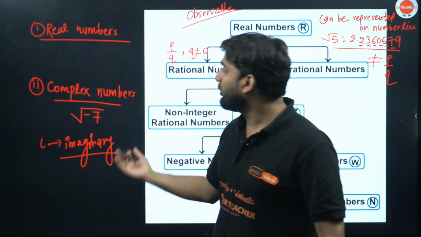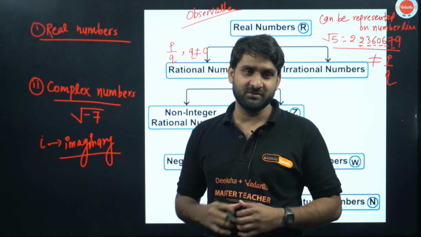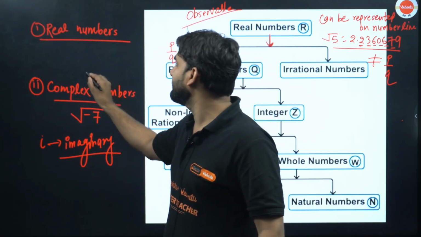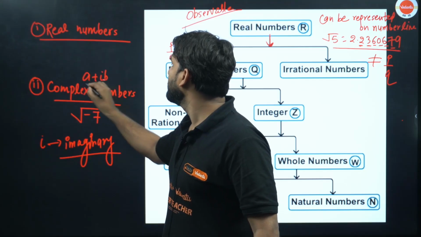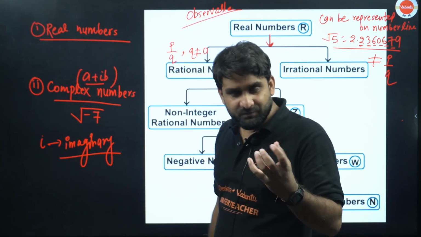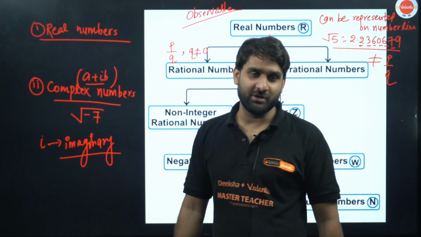So basically we'll be studying this format: a plus ib. This is the complex number format. A is the real part and ib is the imaginary part, because i is the iota there.